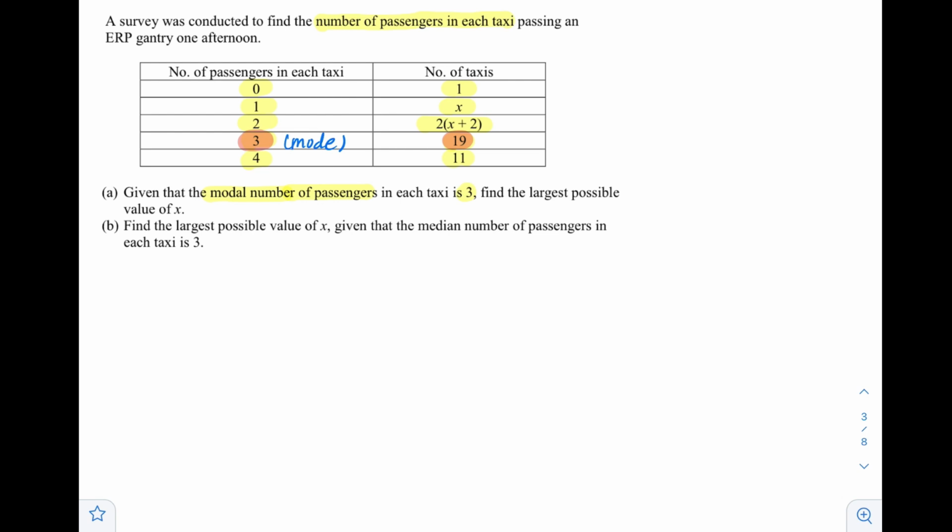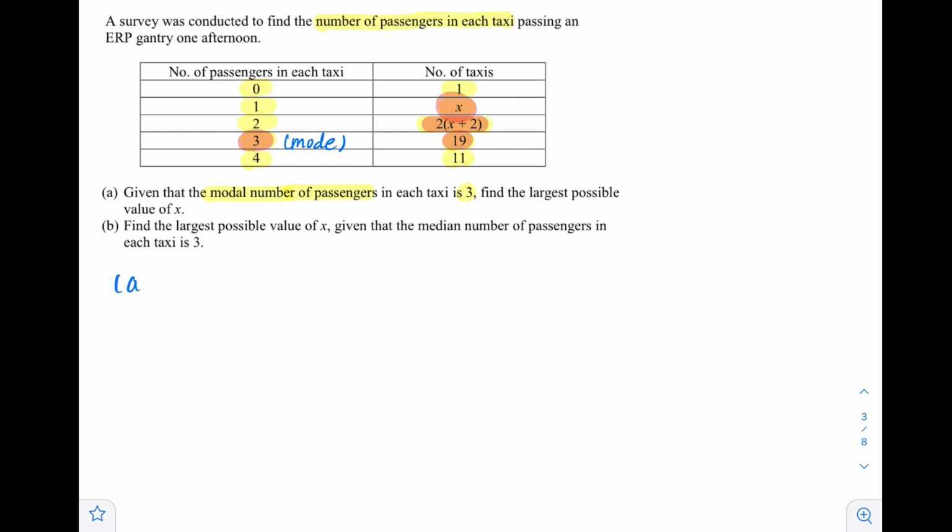So in this case, I need to find the largest possible value of X. For 19 to be the largest possible frequency, my X definitely needs to be less than 19, and my 2 times X plus 2 also definitely needs to be less than 19.